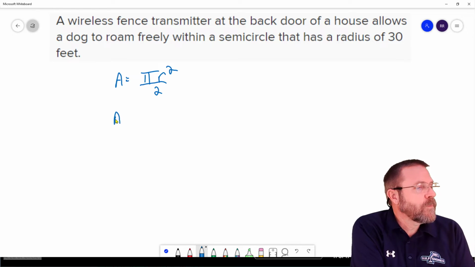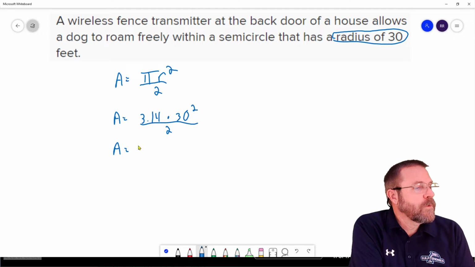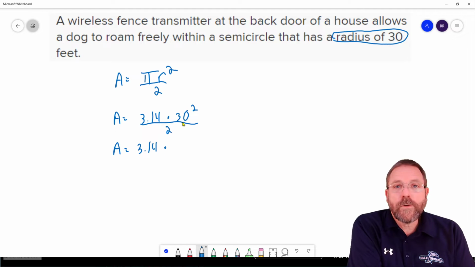Next, I'm going to take from there, area is equal to pi, which is 3.14, times the radius, which is going to be 30. They tell us right there. And we're going to square the 30, all divided by 2. Now area is equal to 3.14 times, well, 30 squared, that's going to be 900.